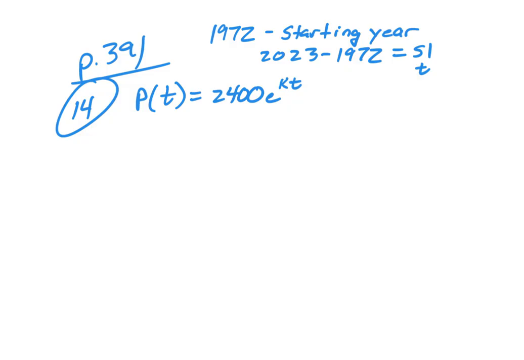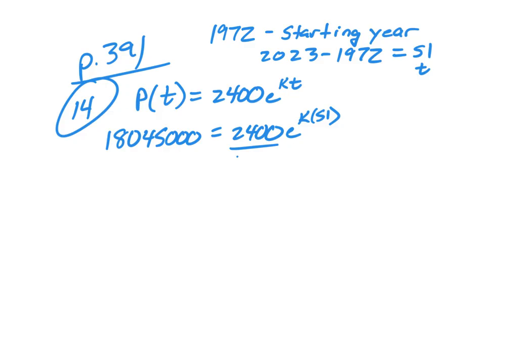We want to find the value of K. Well, in 2023, the value of that car was $18,045,000. We know everything except for K. K is what we're trying to find, so we have to solve for K. That's what part A is asking us. What is the value of K?